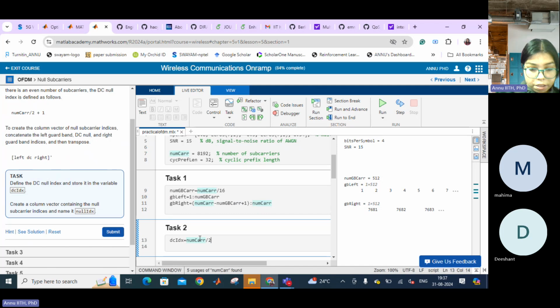Divide by 2 plus 1. How come? Because it is going for number of guard band carriers. If it is only 0, like MATLAB, since MATLAB starts with 1, that's why we are adding 1 here.